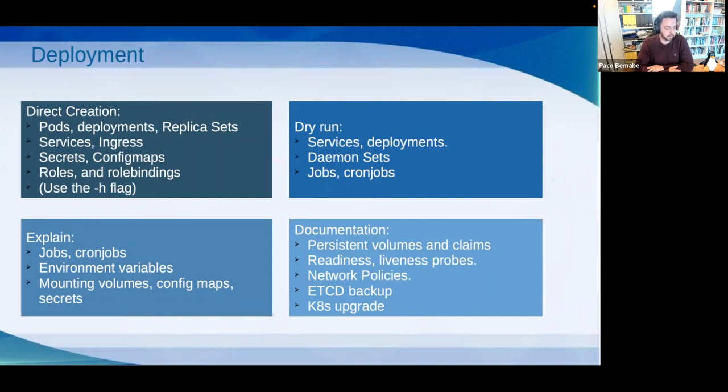So for me, for example, it's very useful if I want to put environment variables in a pod, or I want to mount volumes or config maps or secrets as a volume, because maybe I don't remember the options, right? So if you more or less remember where it is, then do kubectl explain, put the path with everything you remember, and you will start seeing a list of the parameters that you need.